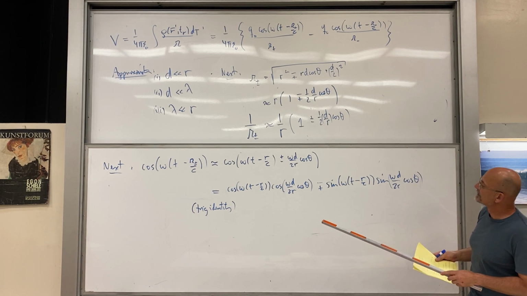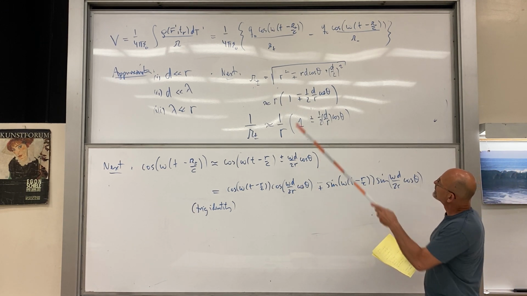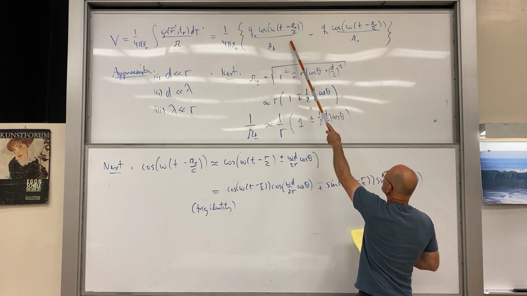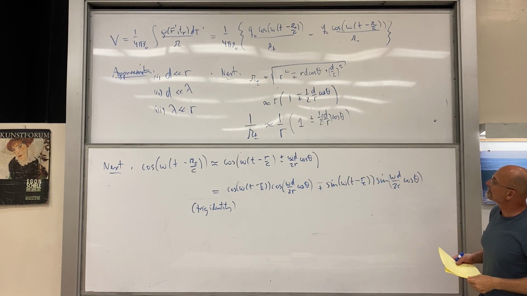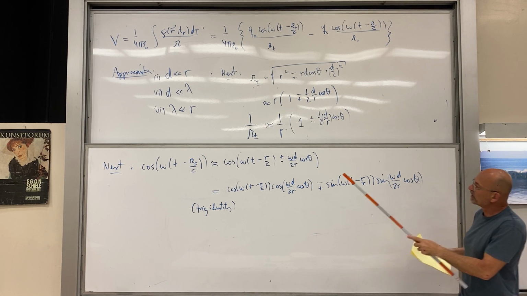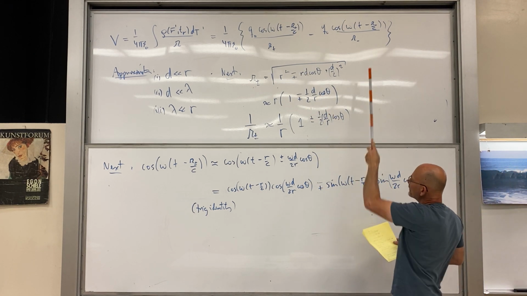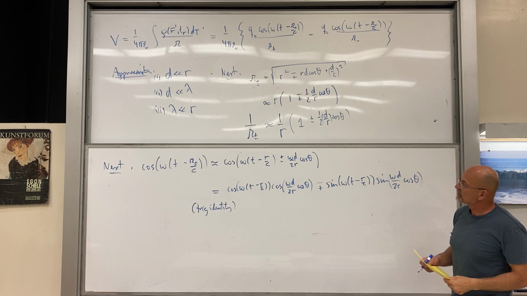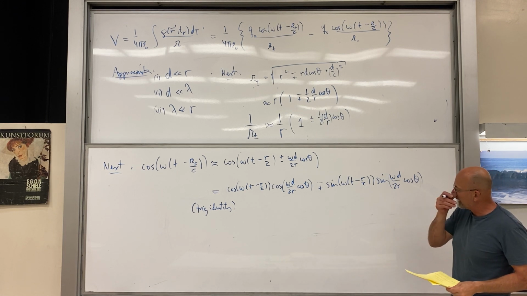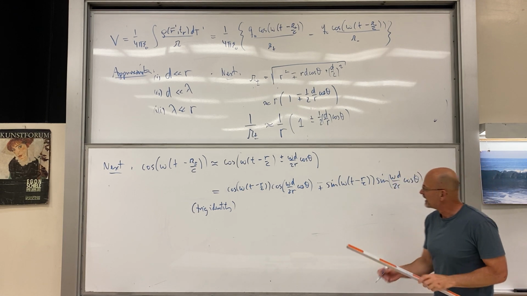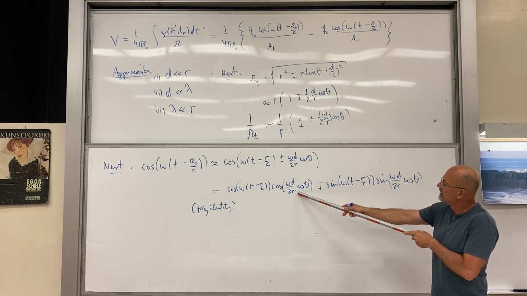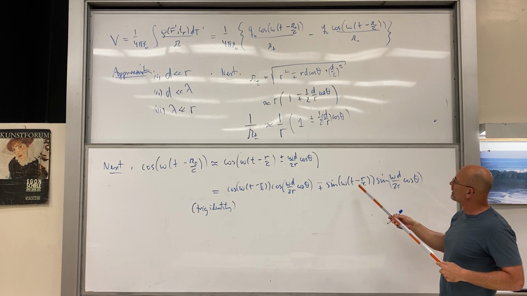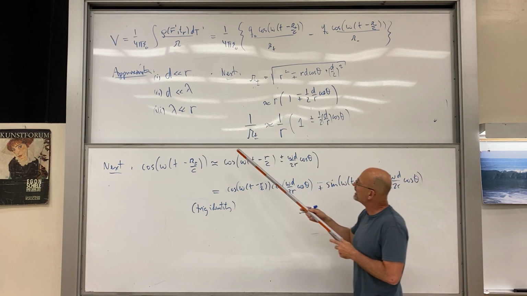Okay. That's all just replacing this up here. Now we have another approximation in play, namely that this omega d over 2r is going to be much less than 1.